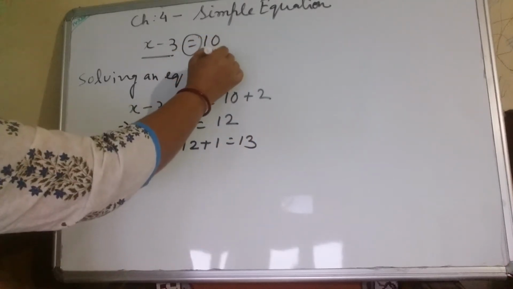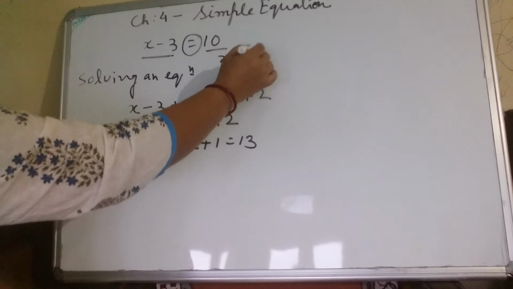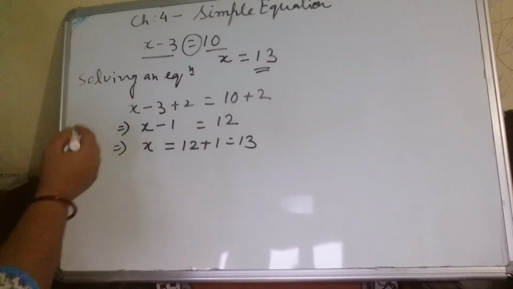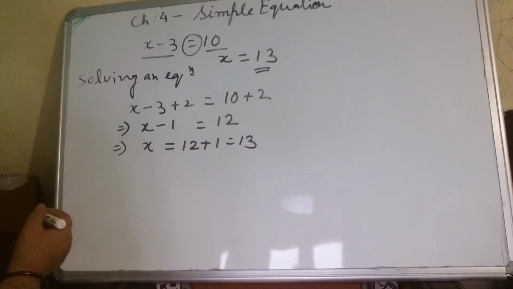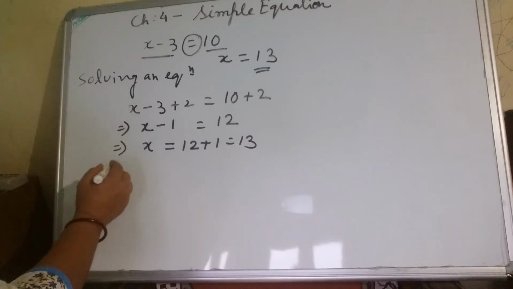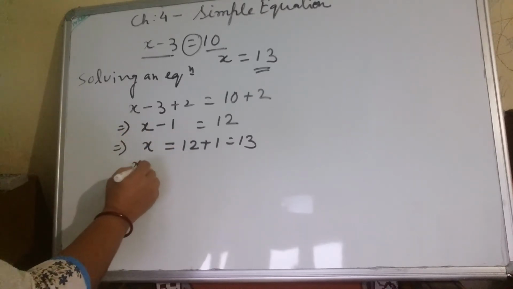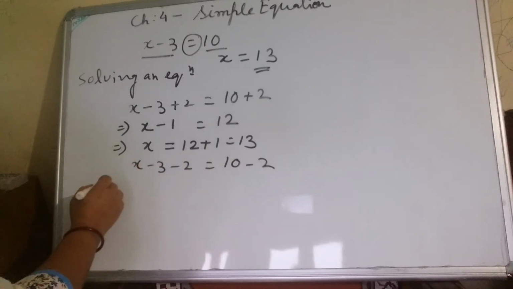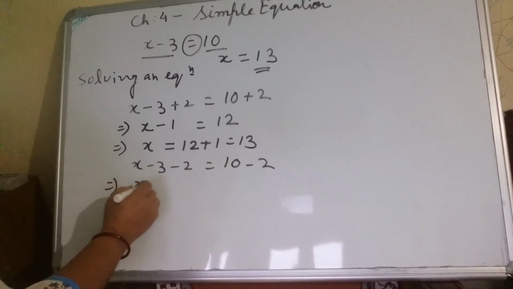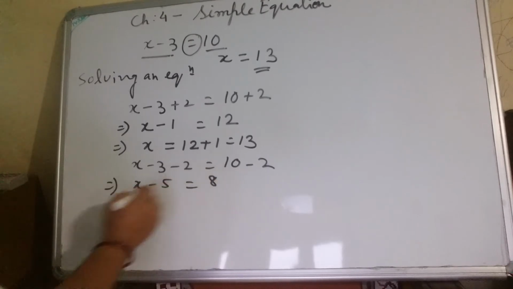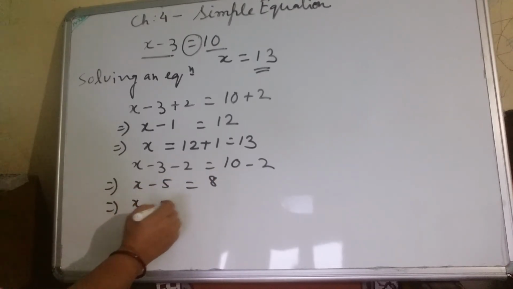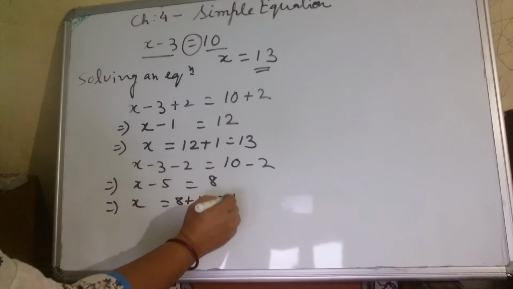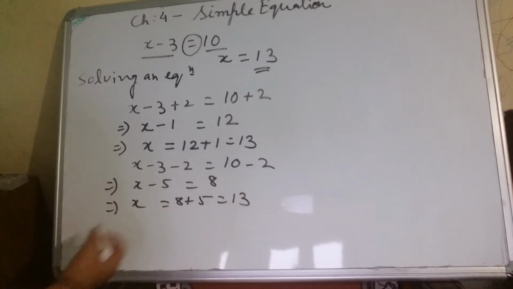Here x was also 13. Now if I subtract 2 from both the sides, x minus 3 minus 2, 10 minus 2, so it will be x minus 5 equals 8. Again we can see that x equals 13.